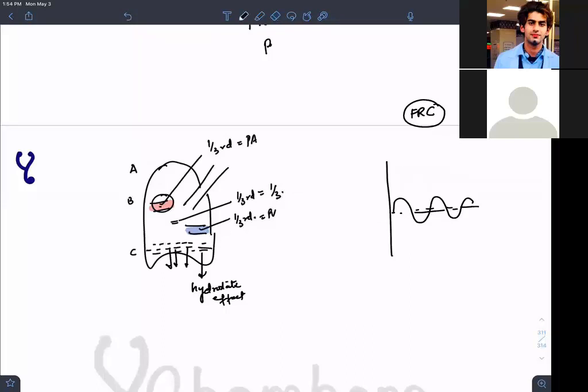If you do any change in FRC, whether you decrease the FRC or you increase the FRC, PVR will increase.